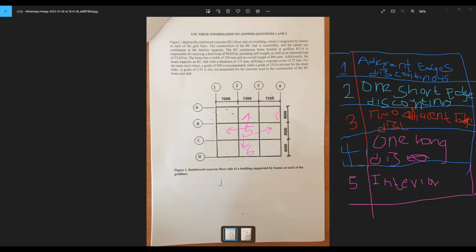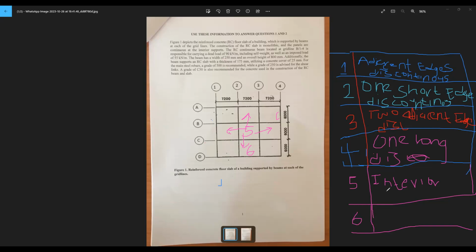Maybe you can just try it before I answer. So slide 6, what answer did you come up with? Is it a short edge continuous, a short edge discontinuous, a long edge discontinuous, an interior panel, two adjacent edges discontinuous, or three edges discontinuous? What answer did you get?